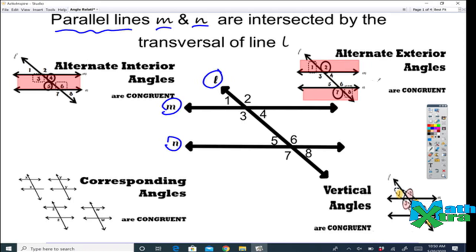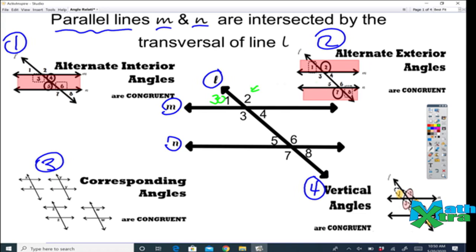Whenever we have this, there are 4 types of angles that are formed. This is the first set, the second set, the third set, and the 4th set of angles that are formed. But before we get into that, I want to remind you of what you learned in 7th grade. If I give this angle a measurement, say 30 degrees, what is the angle right next to it?